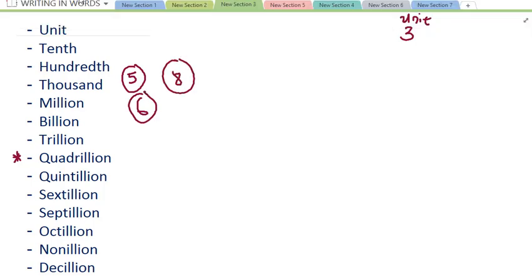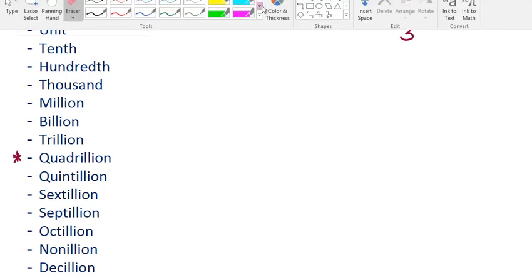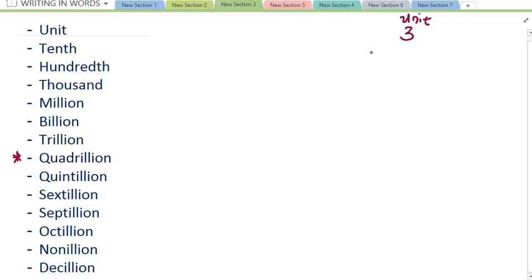I hope this is making sense to you. Whenever I write a single number, that number is a unit. And these units range between 0 and 9. So for units we'll have 0 to 9. You understand? So 7 is a unit whenever a number is single.